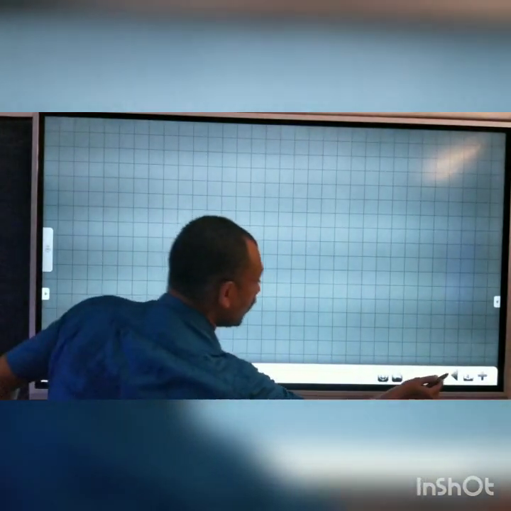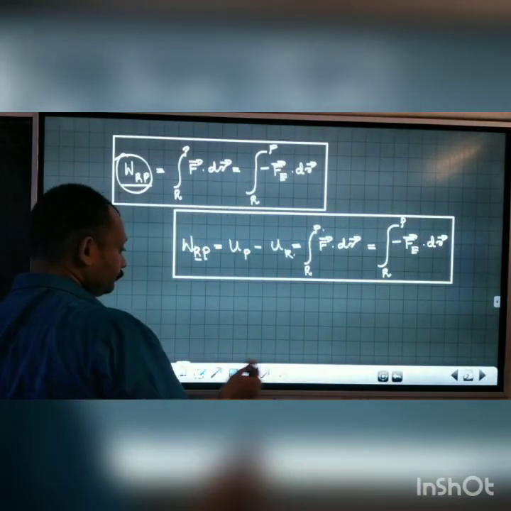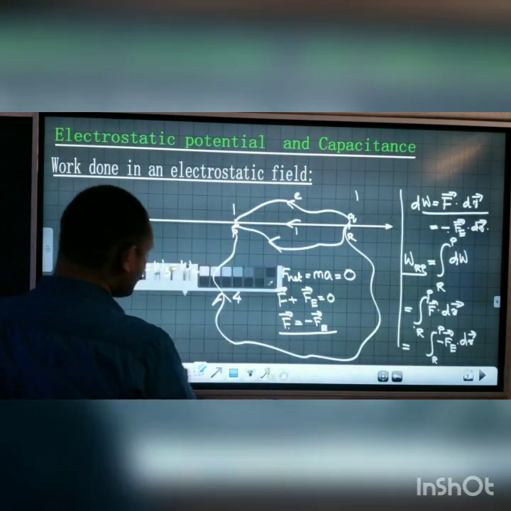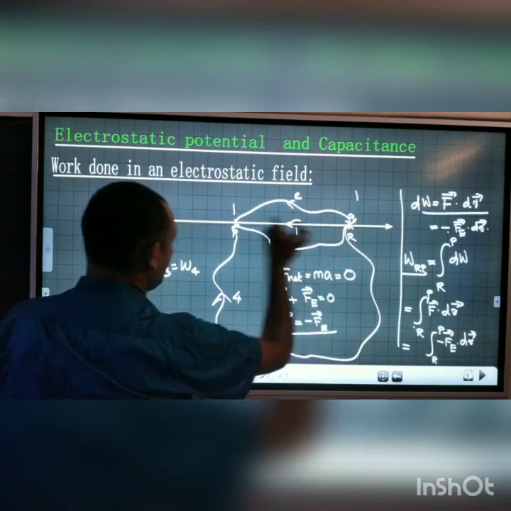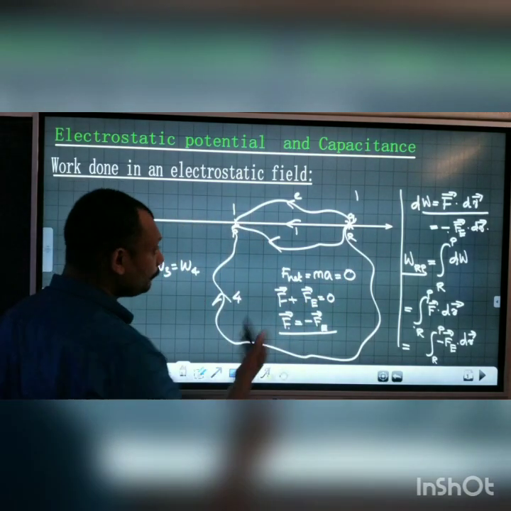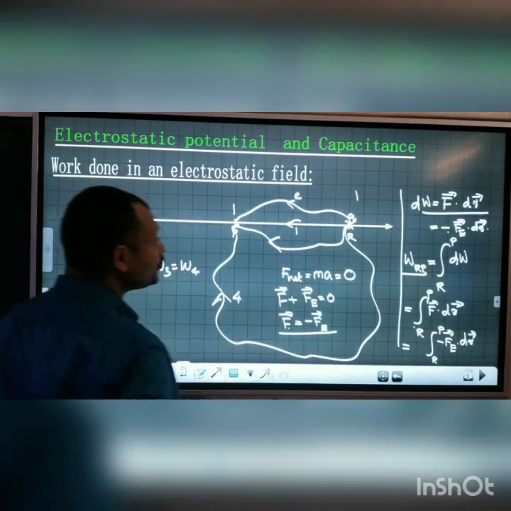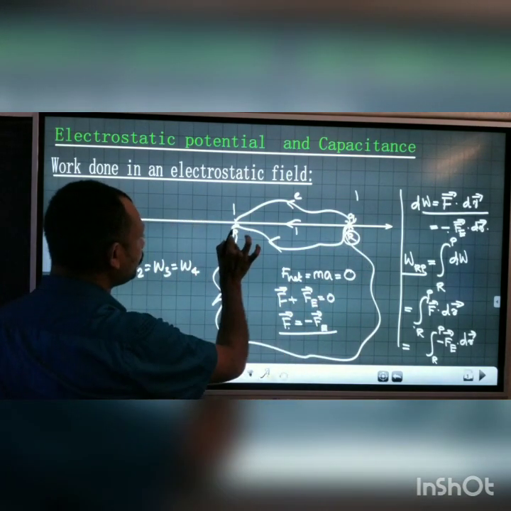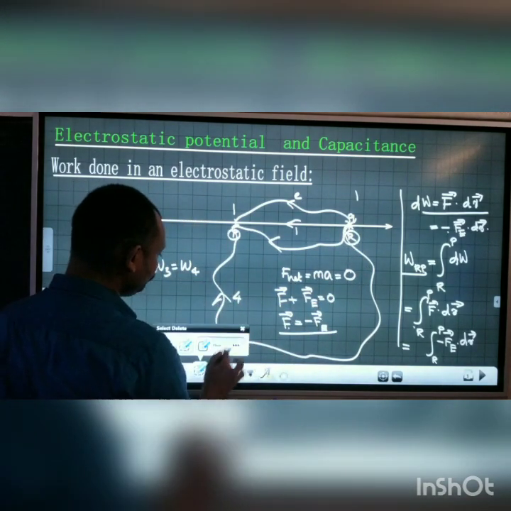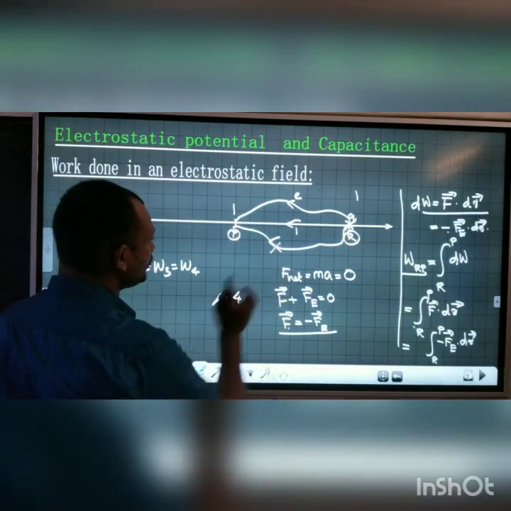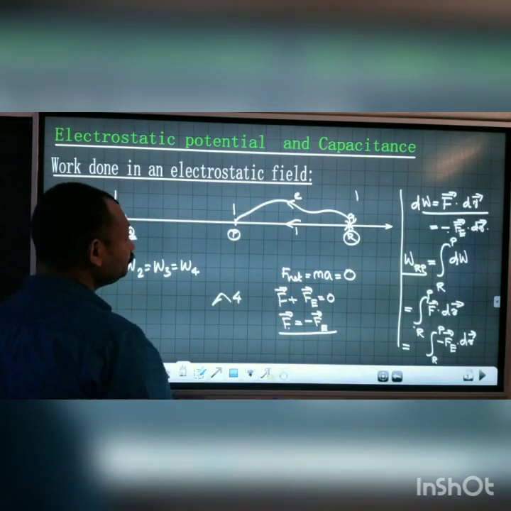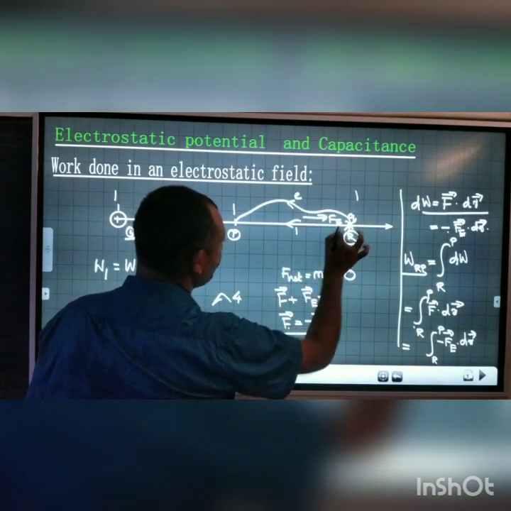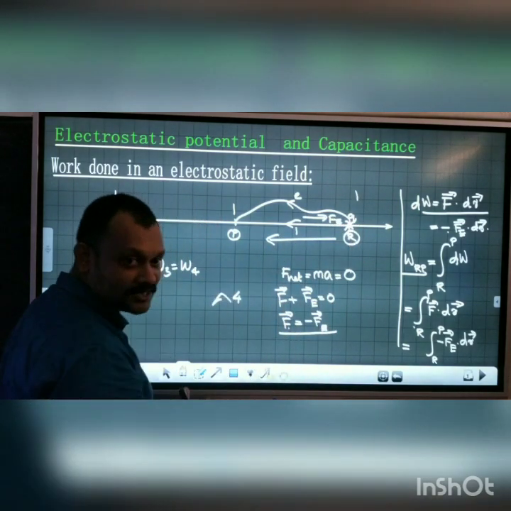So I would like to ask you a question. Look at this figure. When you take this charge from R to P, which potential energy will be greater? Is the potential energy at R greater? Is the potential energy at P greater? What will be your answer? Now, this is the direction of the electrostatic force, and this is the direction in which the charge is brought.